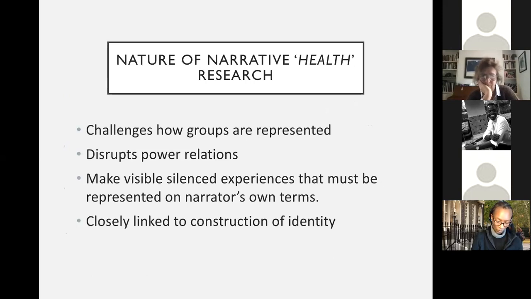So what then is the nature of narrative health research? I'm using the word health very loosely here to signify a form of investigation, exploration around the welfare, the well-being of people.